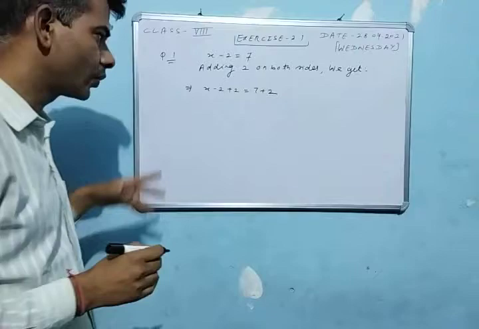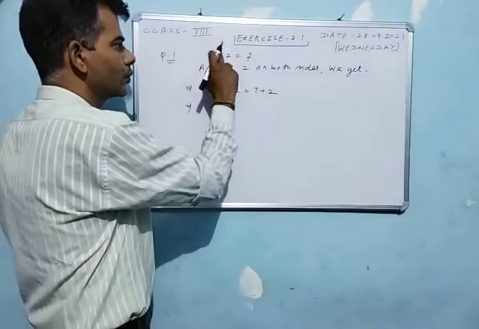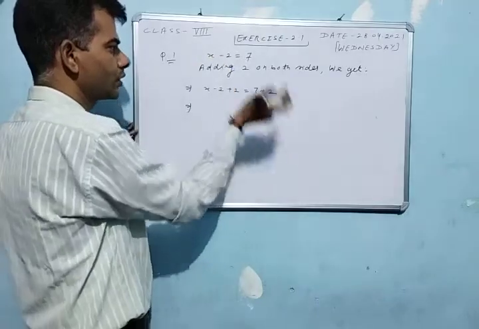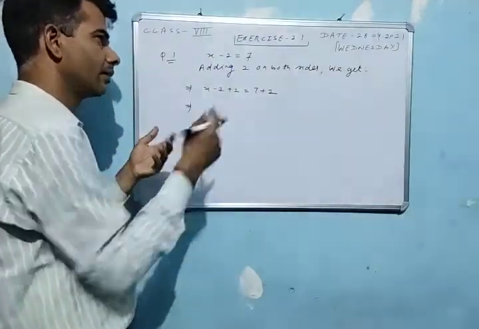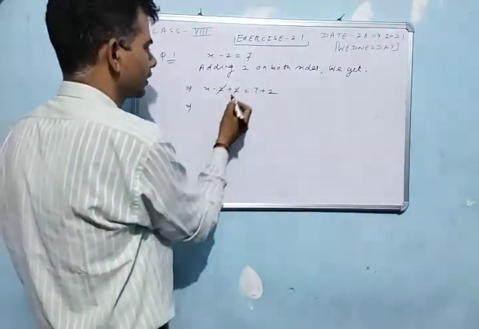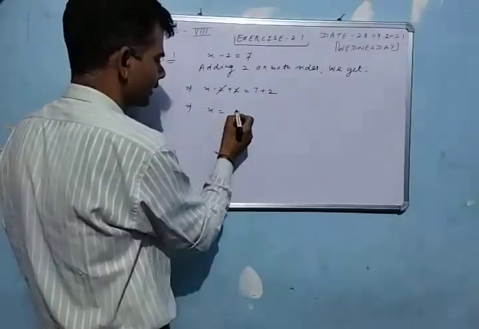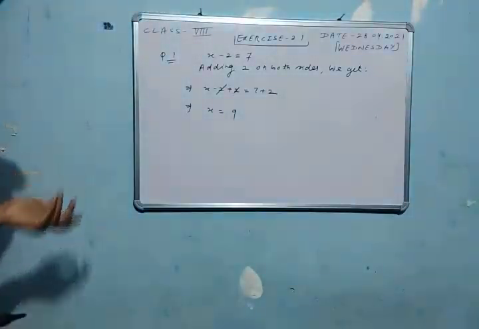If there is minus 2, add 2; if plus 2, subtract; if multiplied, divide; if divided, multiply. Now student, this is cancelled out. Now the value of x is 9. Student, note down it.